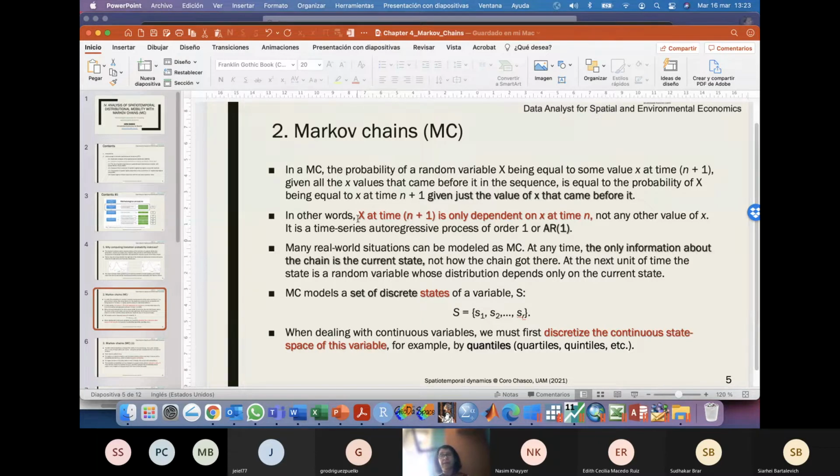So, in other words, x, this variable, population or whatever other variable, at time n plus 1, so in the next year, the next hour, the next month, the next decade, as it was the case with our population variable, because they were cities and we had the data only for decades because of the census. So x at time n plus 1 is only dependent on the value at time n, not any other value.